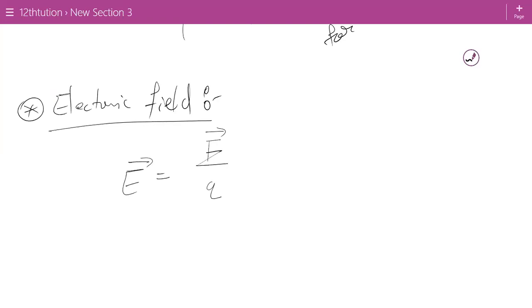So, for example, you can understand electric field as an influence of a charge around its space. In that influence, if some other charge comes, then it will get repelled or attracted depending on the charge signs.